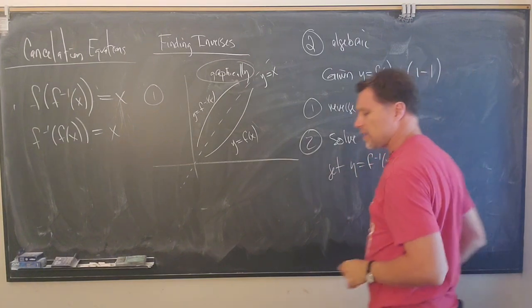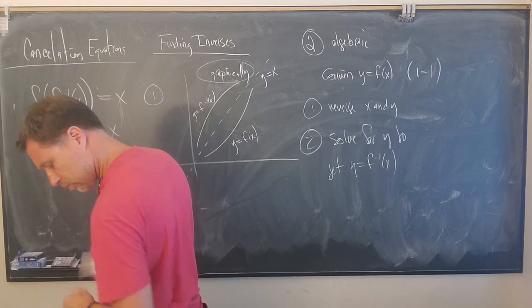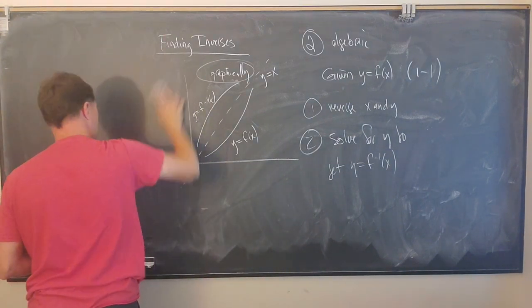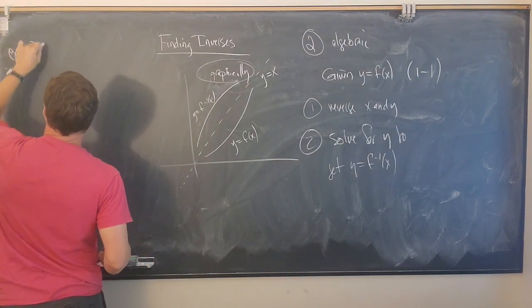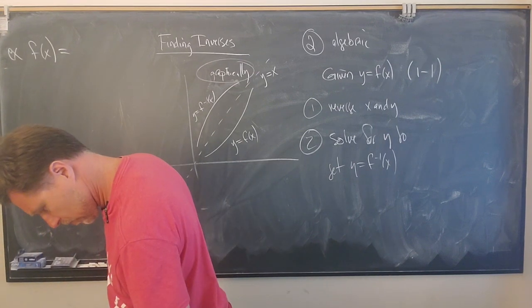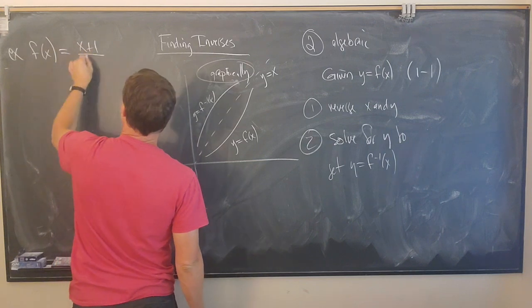So I imagine you've seen this before. Let's just do a quick example. So the example, let's say that we've got the function f of x equals x plus 1 divided by x. So x plus 1 all over x.